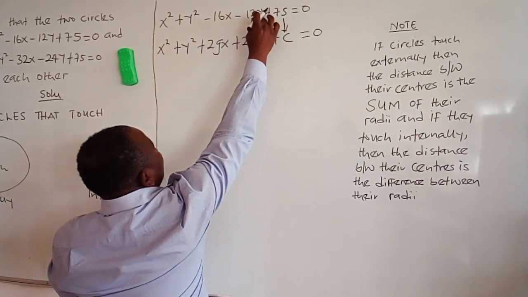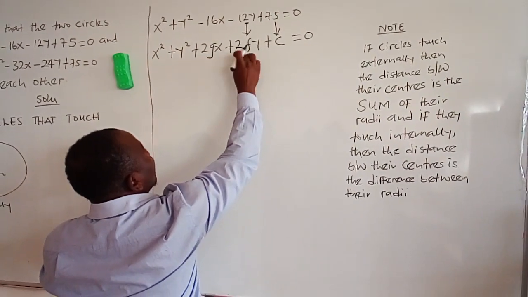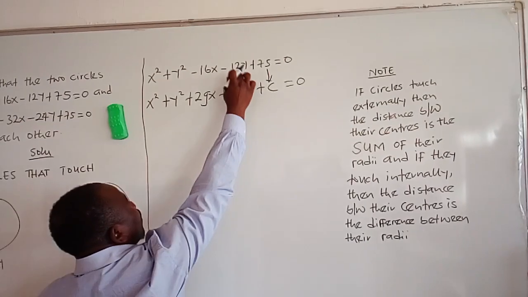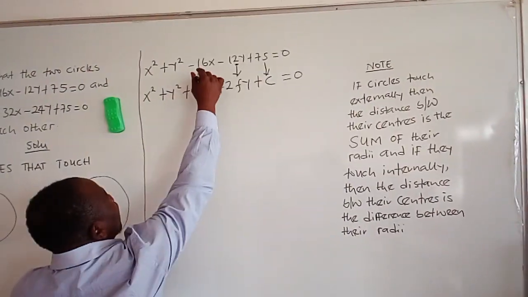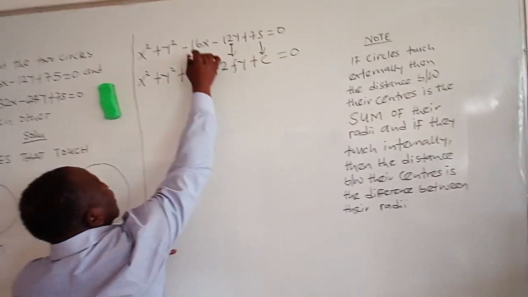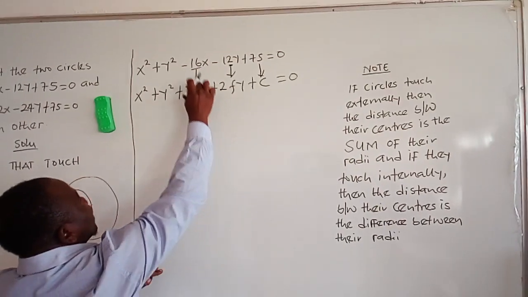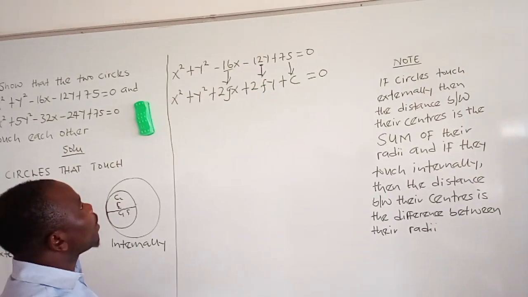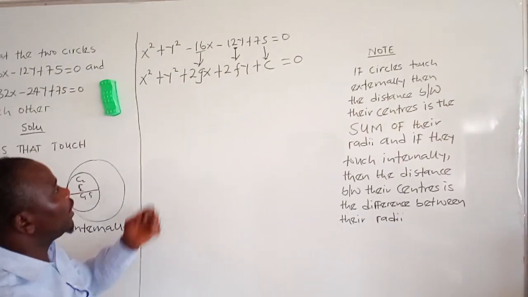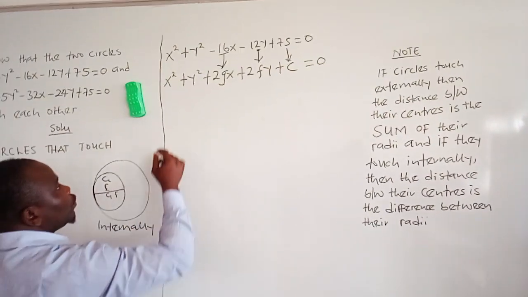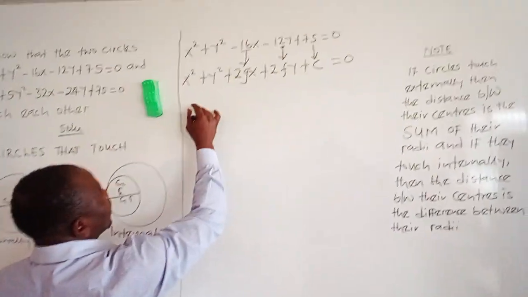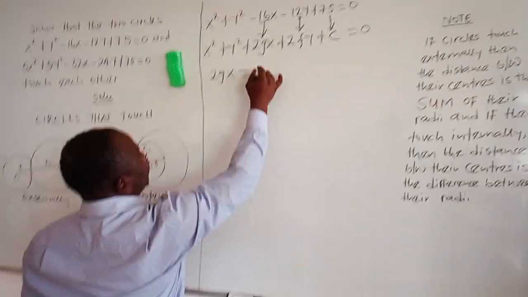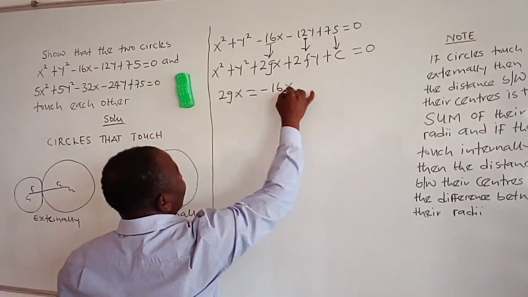Then you equate this: minus 12y equals 2fy, or 2fy equals minus 12y. The same thing applies here: 2gx is equal to minus 16x. How do we obtain g and f? Now we write 2gx is equal to minus 16x.